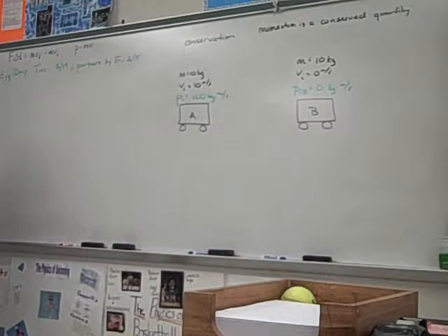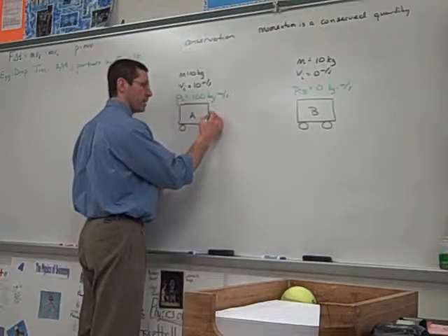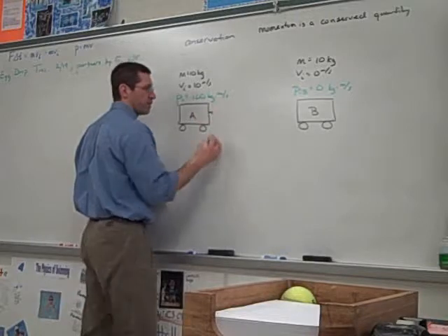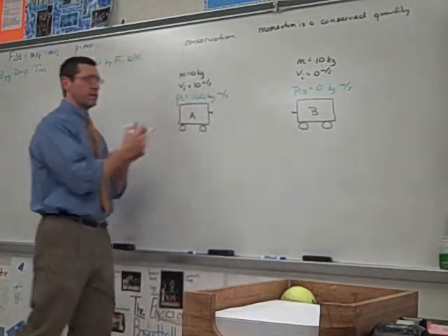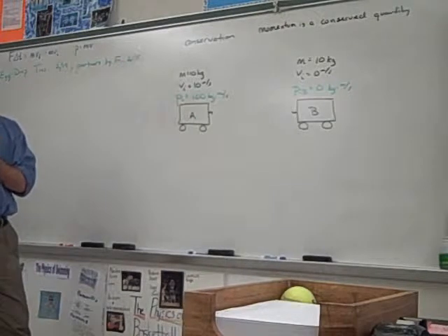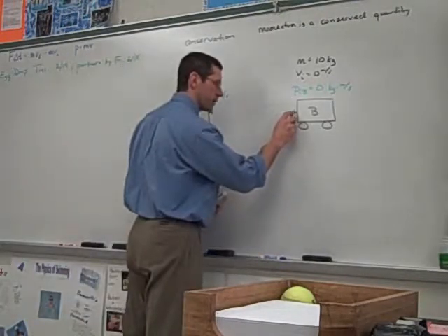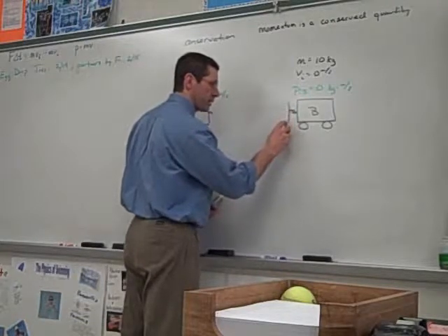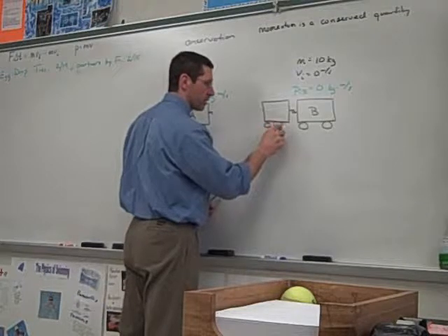Now, that means A is going to collide with B. A has a little device on it, and B has a similar device on it, so that when they collide, they get stuck together. So A is going to come here, and hit and connect by colliding with cart B.